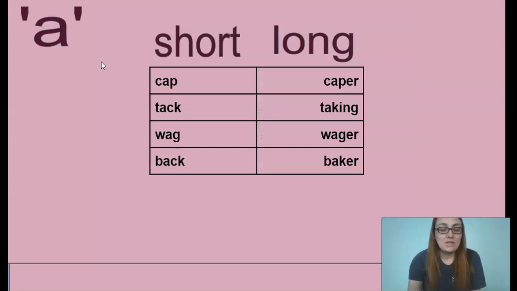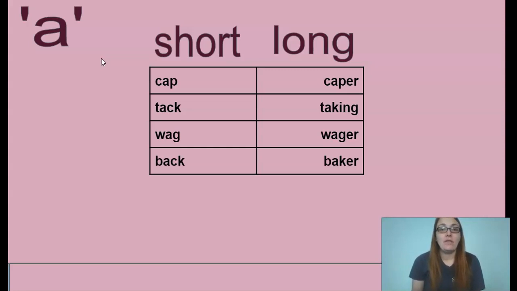Okay, when you see an A in a word, we know that it might have the short A sound, or it might have the long A sound. For example, cap has the short A sound, whereas caper has the long A sound. Tack versus taking, wag, wager, back, baker. So these words look very similar on the paper, however, they are pronounced much differently.